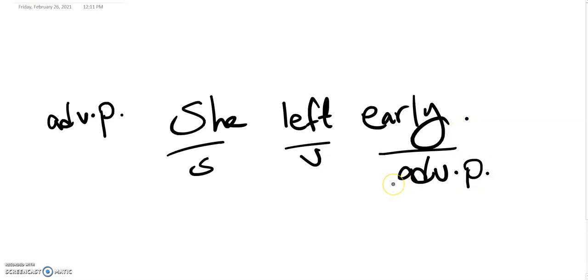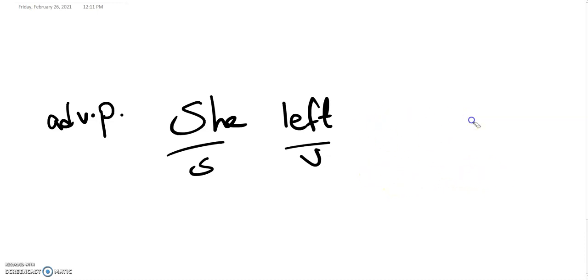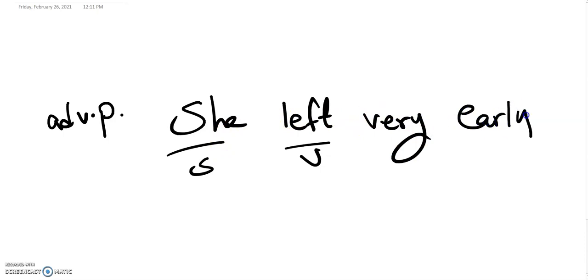If I need to expand this position, I simply say she left very early, or surprisingly early. So I can expand the adverb by adding another adverb before it.